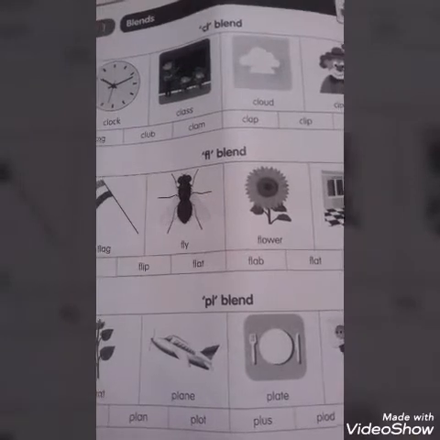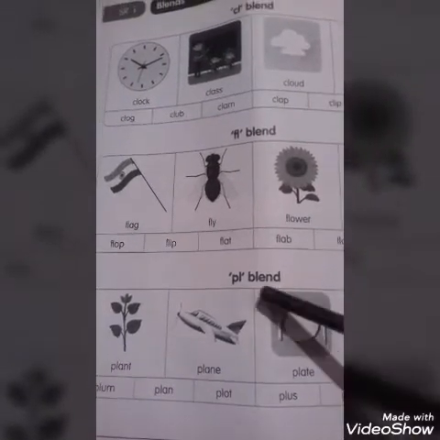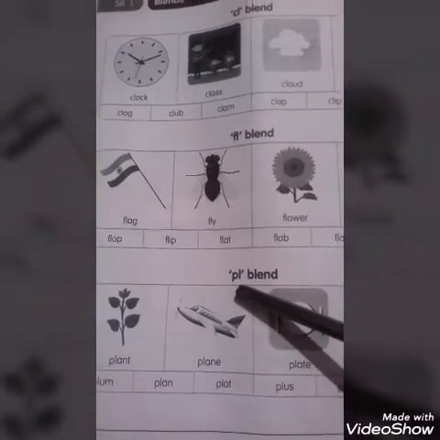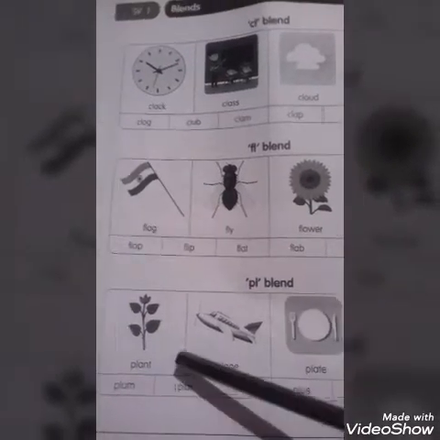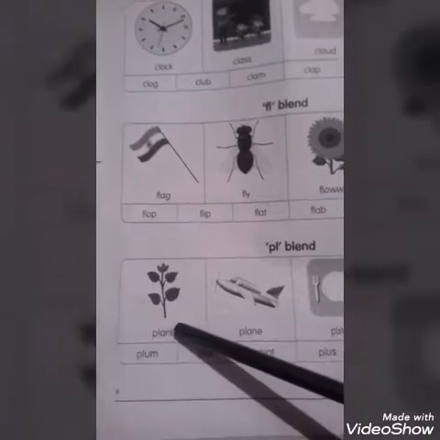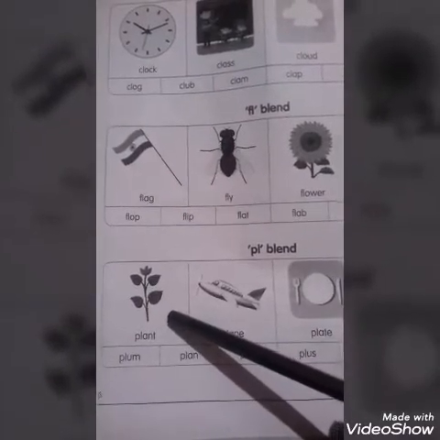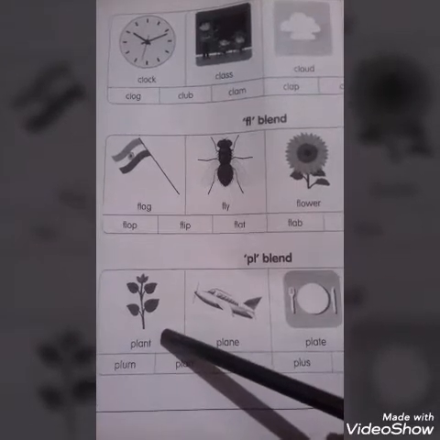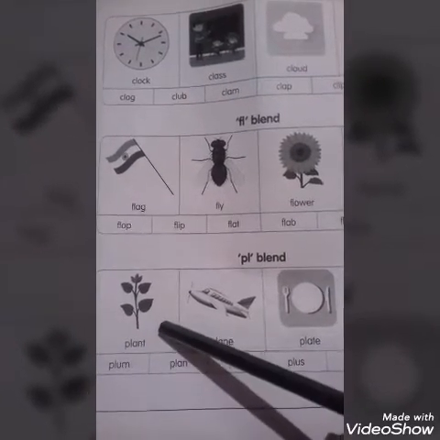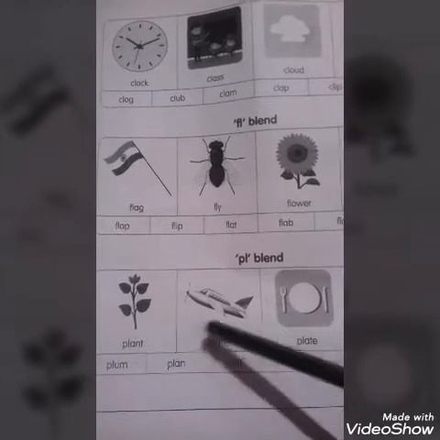Next. What is the next thing? Plur. Look at the picture. What is this? Plant.